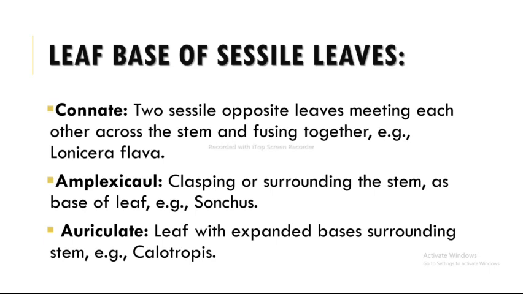Next is the amplexicaul, clasping or surrounding the stem as the base of leaf, for example in the Sonchus. Third is the auriculate, leaf with expanded bases surrounding the stem, for example in the Calotropis.